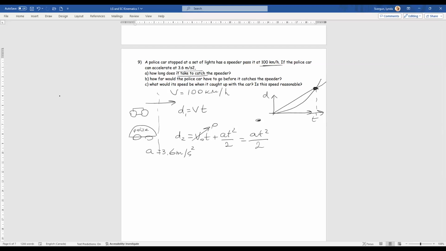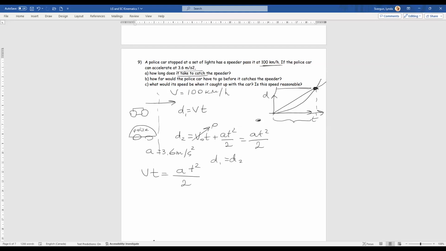Those distances are equal, so d1 equals d2. We write that the speed of the speeder multiplied by time when they meet equals at squared over 2, and then we can find time from there.